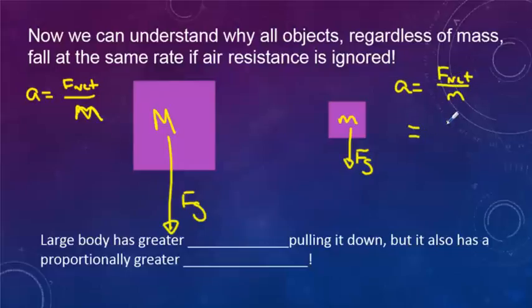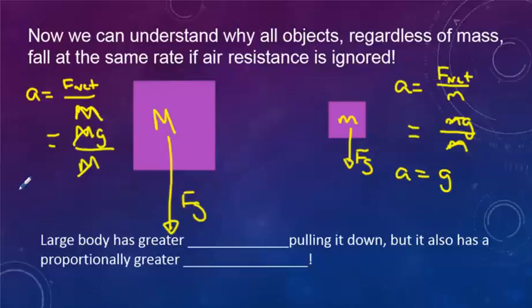This is little m times g, because if they're in free fall, the only force acting on it is the force of gravity, so little m times g divided by little m. And for the big mass, this is big M times g divided by big M. But you can see in both situations you have m divided by m and big M divided by big M. The m's cancel out, and the acceleration of the object is g in both cases.